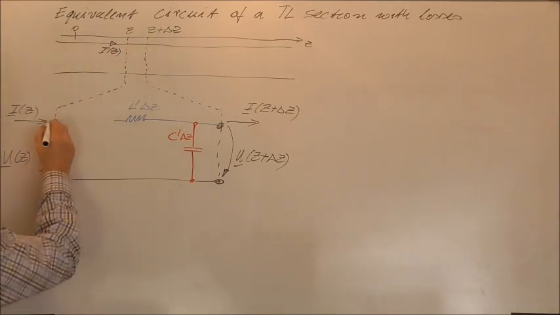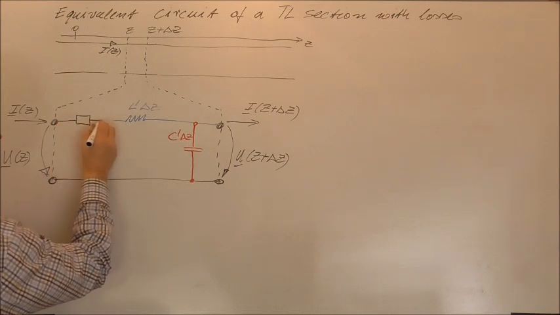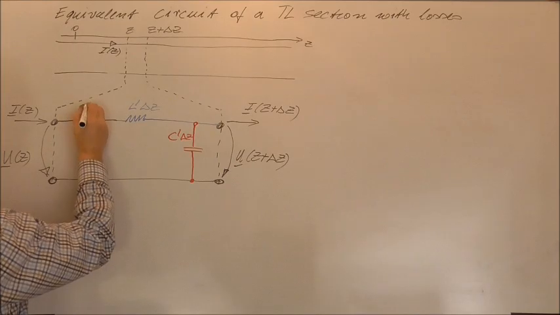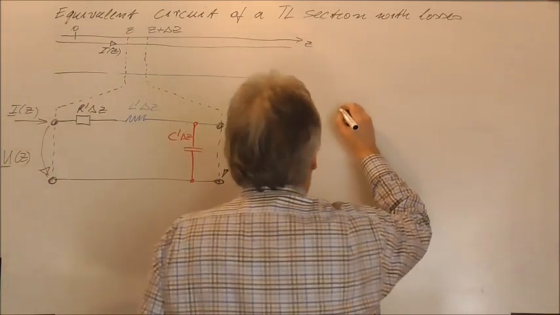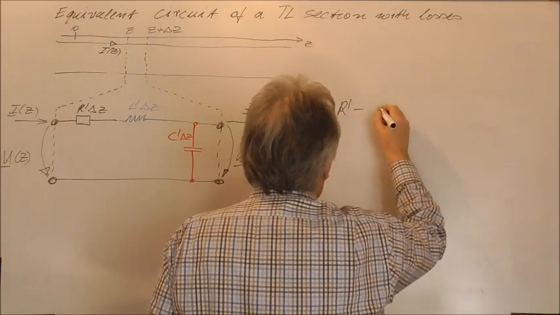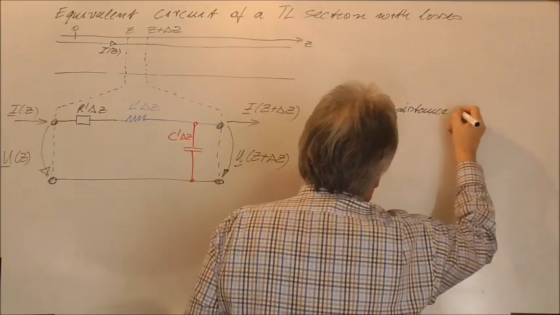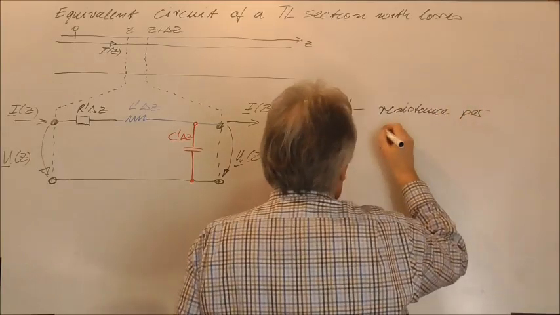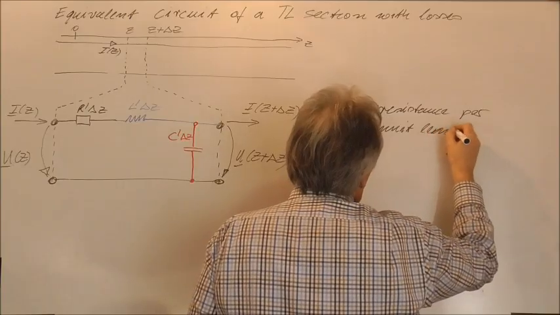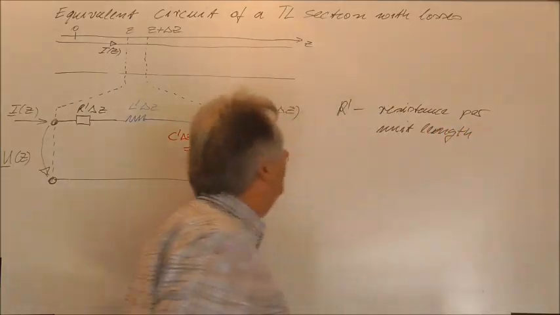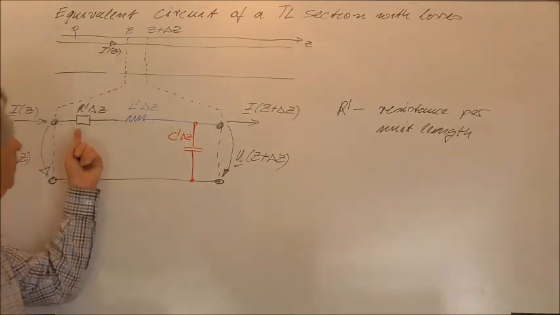So what we have to do is to introduce here an additional element, R prime times delta Z, and R prime is then the resistance per unit length, and this resistance per unit length will account for the losses.